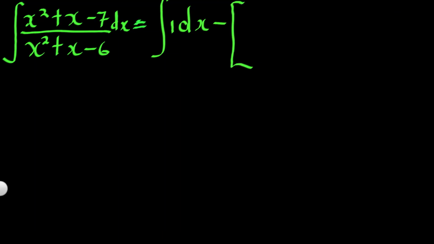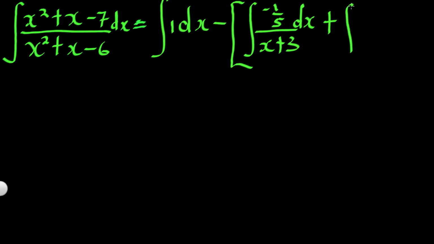I'm going to introduce the fractions that we got from our partial fractions, and I'm going to integrate them separately. So I'll be integrating here minus 1 over 5 over x plus 3 dx. The minus 1 over 5 is our a, by the way. Then plus the integral of 1 over 5 over x minus 2 dx. Remember that this is our b that we got, which is 1 over 5. Now let us close the bracket.